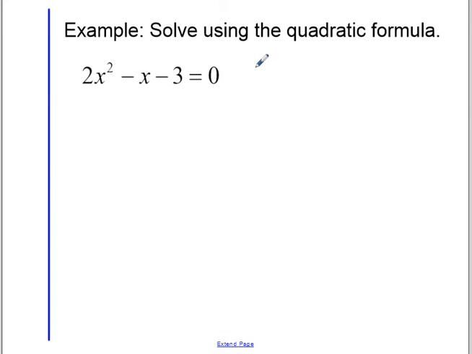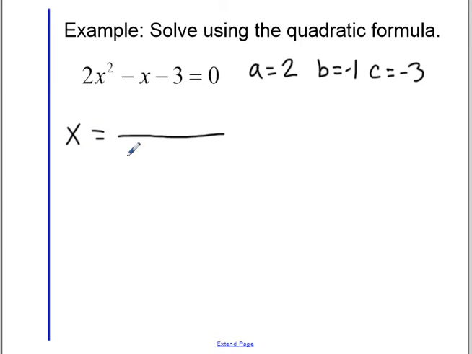Our equation has an A of positive 2, a B of negative 1, and a C of negative 3. So we just plug these into the quadratic formula, work it out using order of operations, and then we'll have our answers to the quadratic equation.